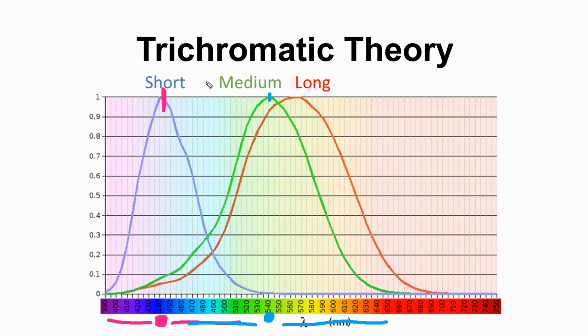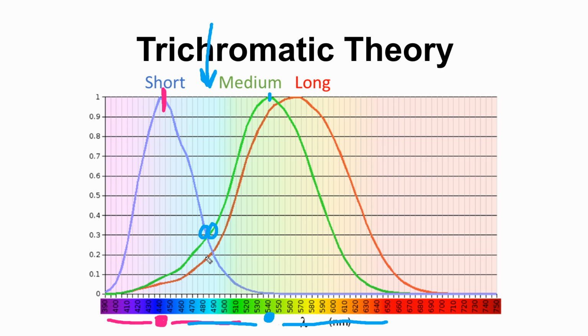And so if we had light that was coming in with this wavelength right here in this 480 range, we'd get some firing from our blue cones and we get some firing from our green cones, just about the same amount. And then we get a little bit of leftover firing also from the reds.